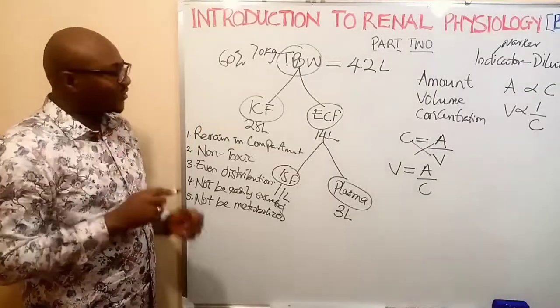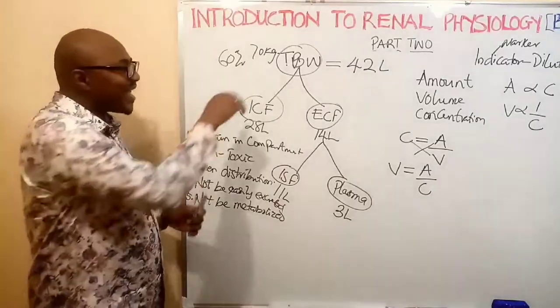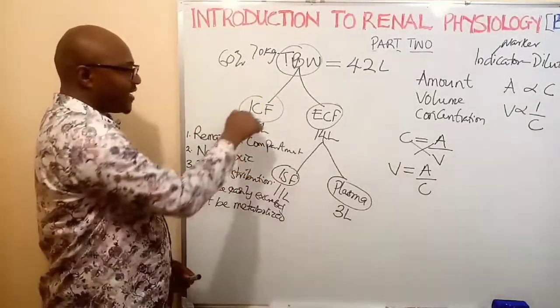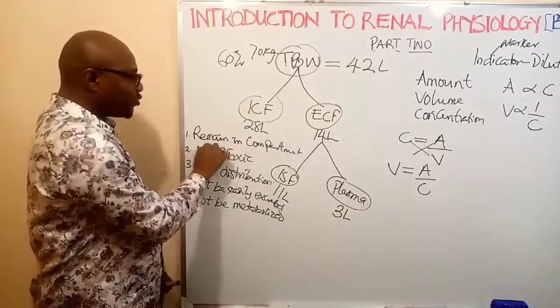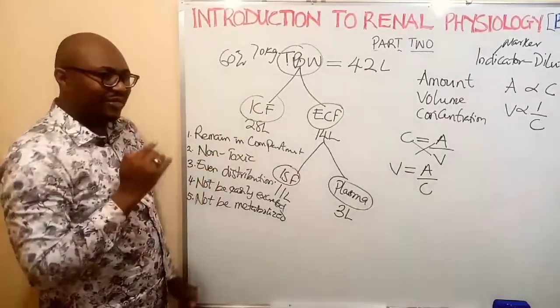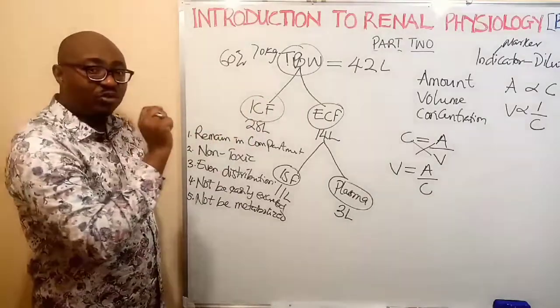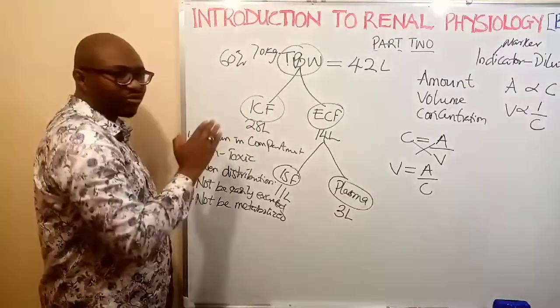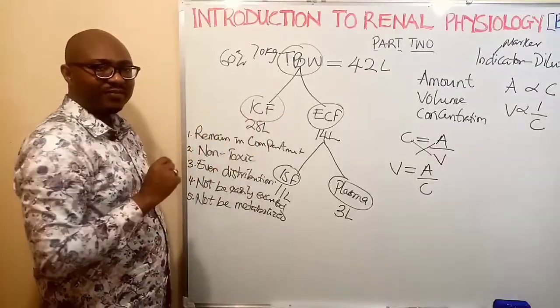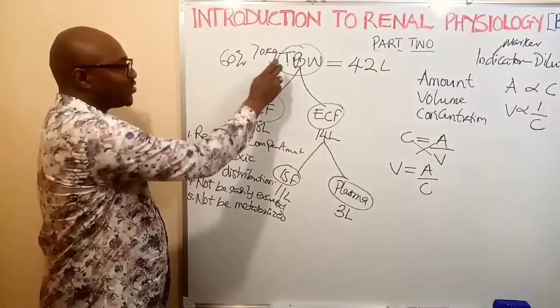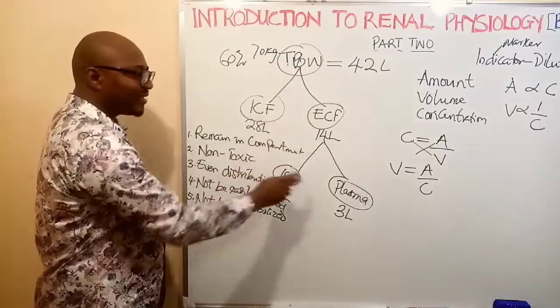But the thing you ask yourself, can you gain access to each and every one of these compartments? Gain access to this, because you say it should remain in that compartment. That means you need to gain access specially to only that compartment you want to measure, and it should not move to another compartment. The answer is that no, we cannot gain access to these compartments individually.